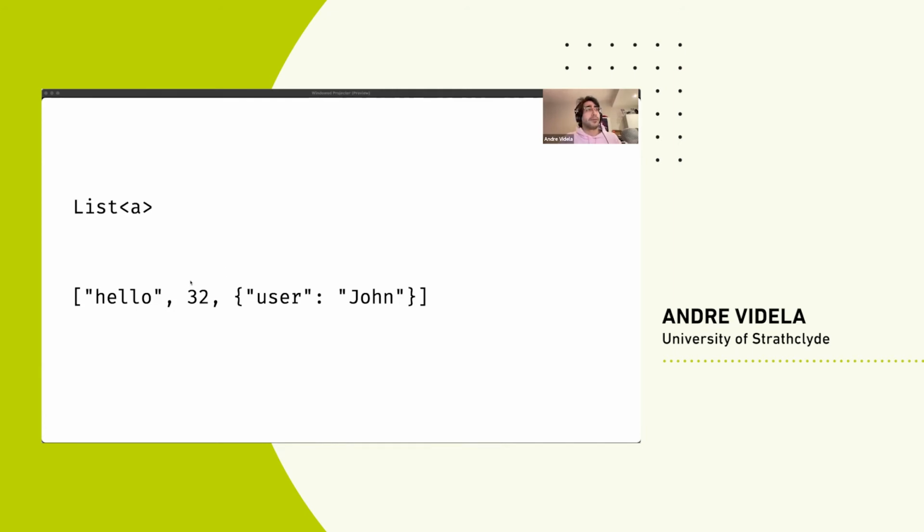So you can make up some syntax and say, well, I would like something a bit like this, where I can tell that the first element is a string and the second element is an int and the third element is a user.